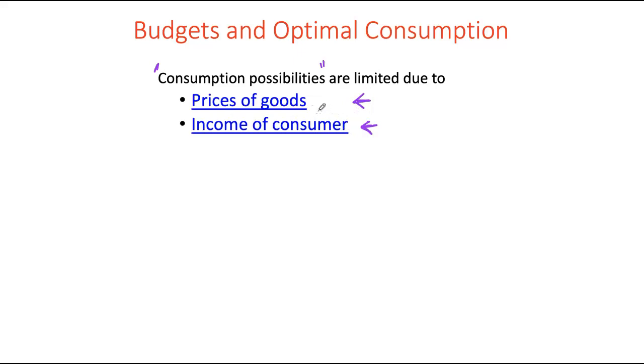An individual consumer works with whatever is the price of egg, Coke, bagels, etc., whatever they're consuming. They're working with the prices of those goods and services already given to them. So these two will determine the consumption possibilities that consumer has at his or her disposal.